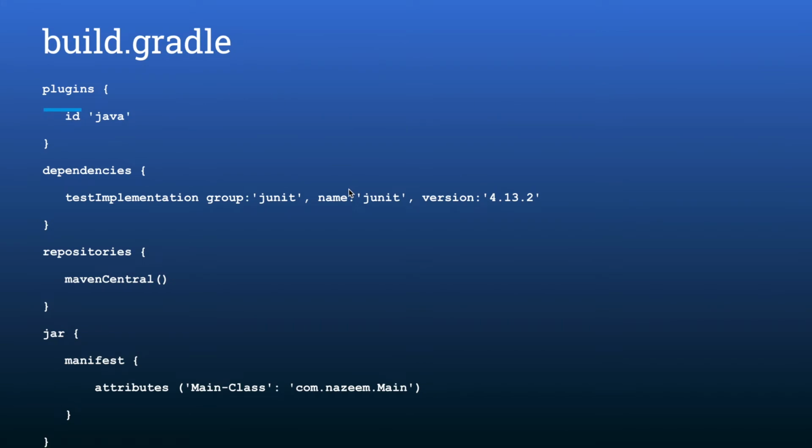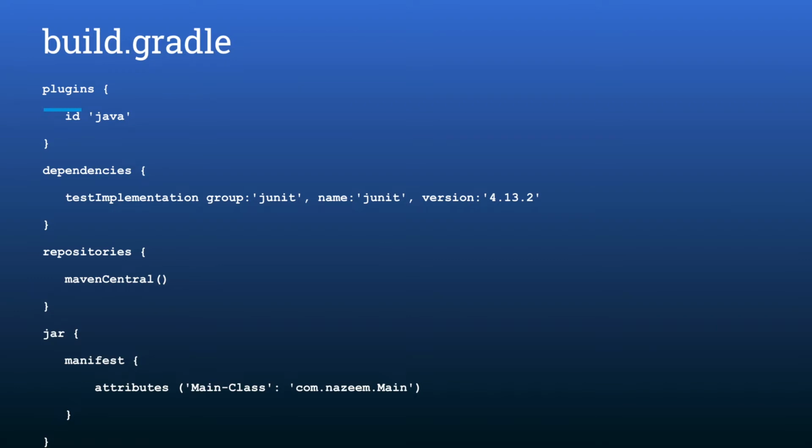And build.gradle is basically a file that contains Groovy scripts. As you can see, the first one is plugins. We are using curly brackets, id equals java, because we are using Java. You can use Kotlin, Groovy and other languages. If you are building the application in Java, you can use id java, that's it.